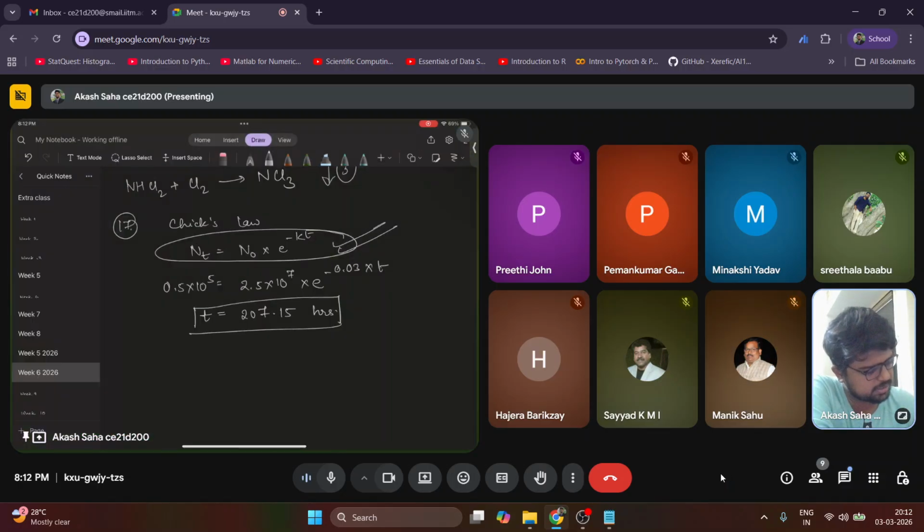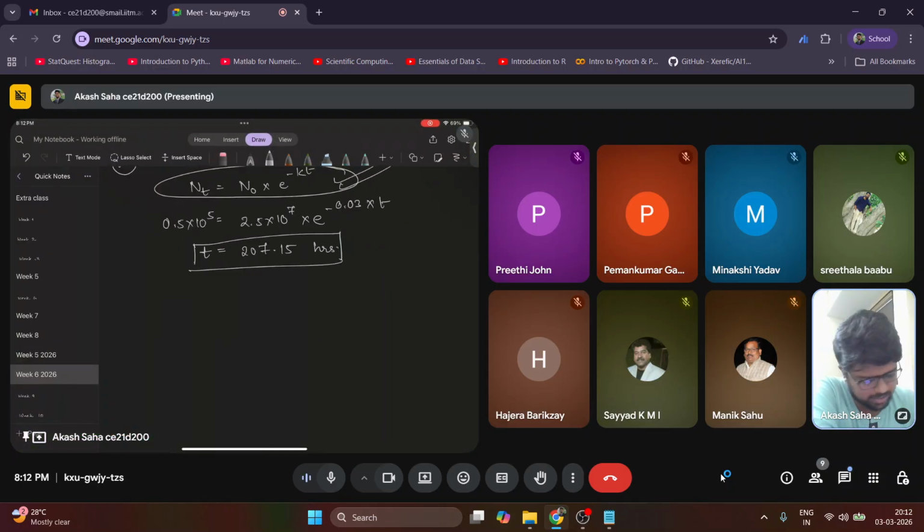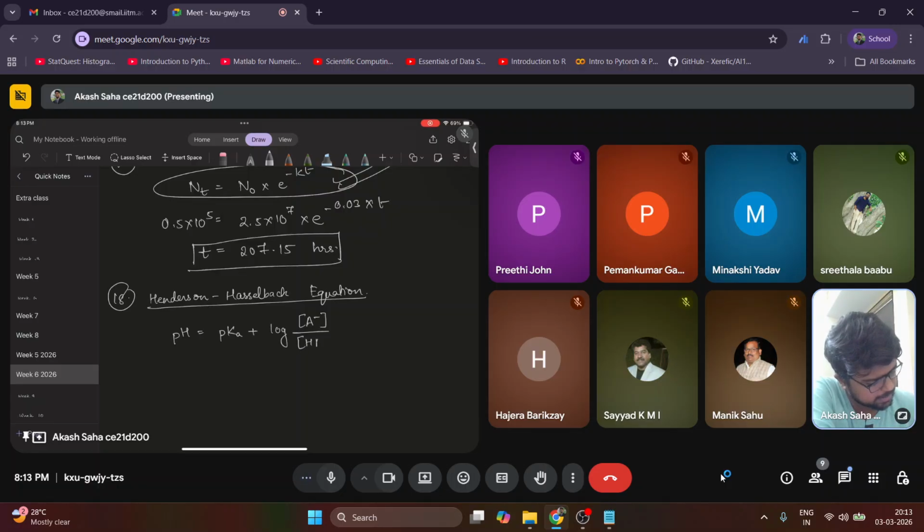As she correctly mentioned, we have the Henderson-Hasselbalch equation, that is pH is equal to pK plus log A minus by HA.